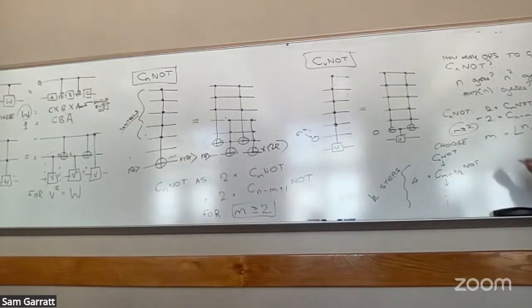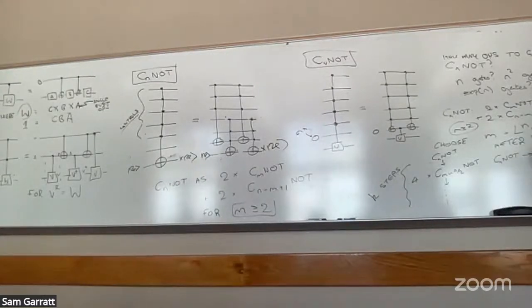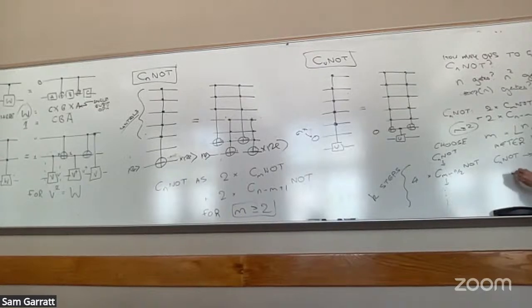After k steps, our C^N NOT has turned into 4 to the k C^M NOTs, where M is of order N over 2 to the k. Every time we do this, we cut the size by a factor of 2. One step gave us 4 to the 1 and N over 2. Now we're getting 4 to the k of these things and N over 2 to the k.